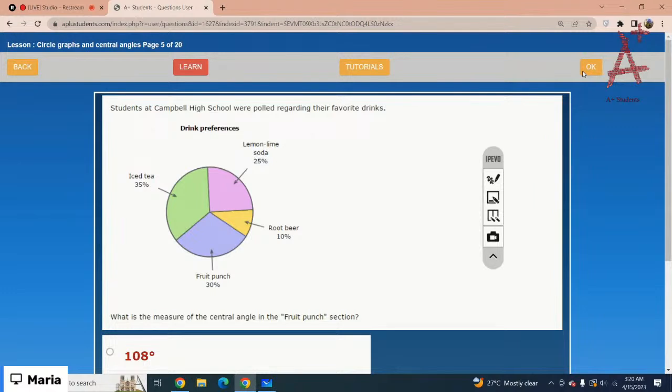So which is the correct option? 30% is, yes, that would be 108. So the correct option is 108.